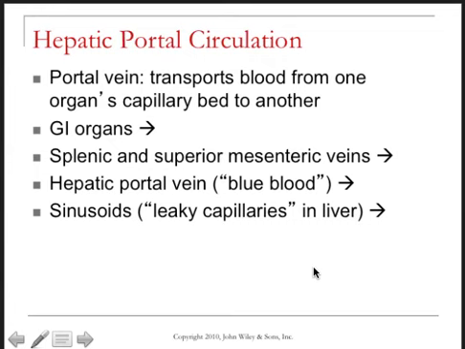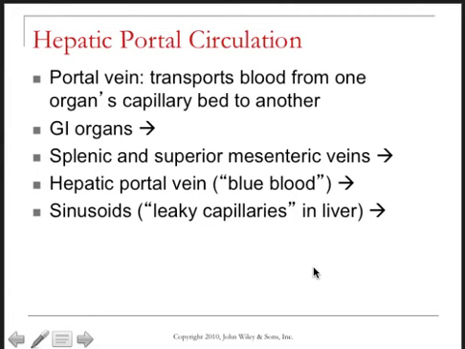It's also a major site of bile synthesis. Bile is secreted in the liver and does not enter the bloodstream, but it enters instead special bile ducts that eventually feed into the gallbladder, which, remember, is an accessory organ of digestion.